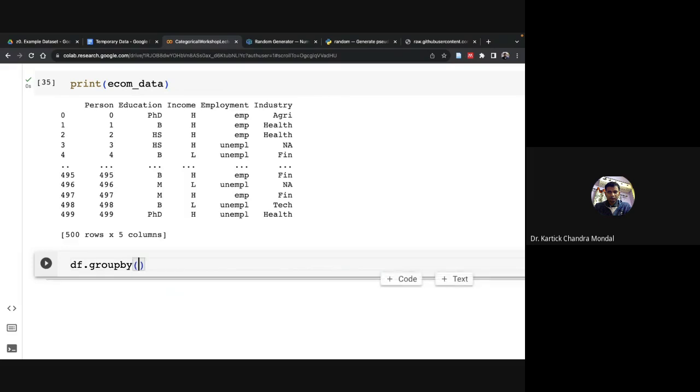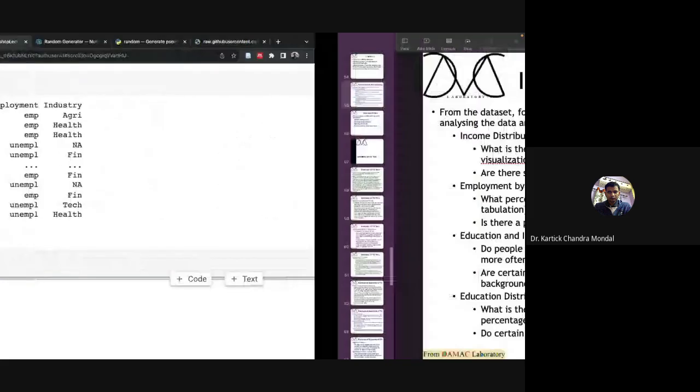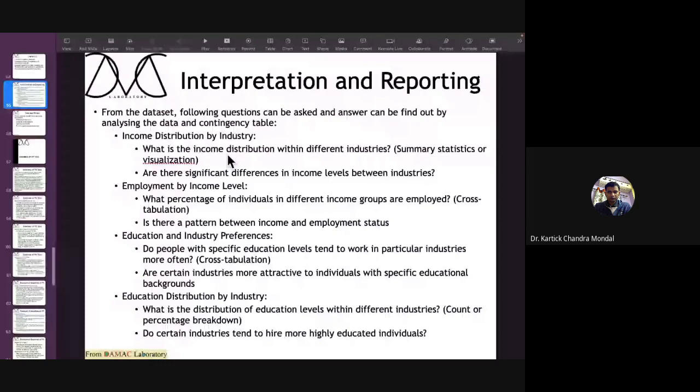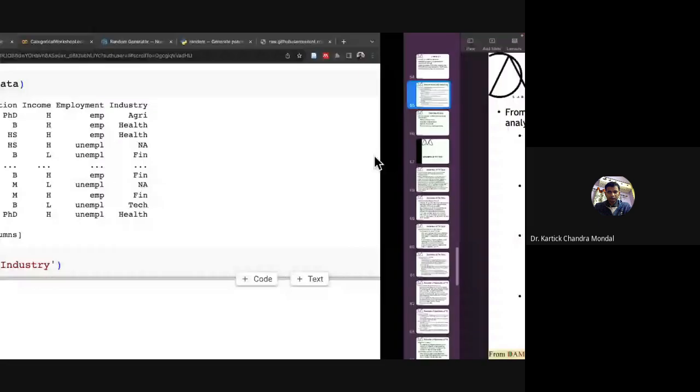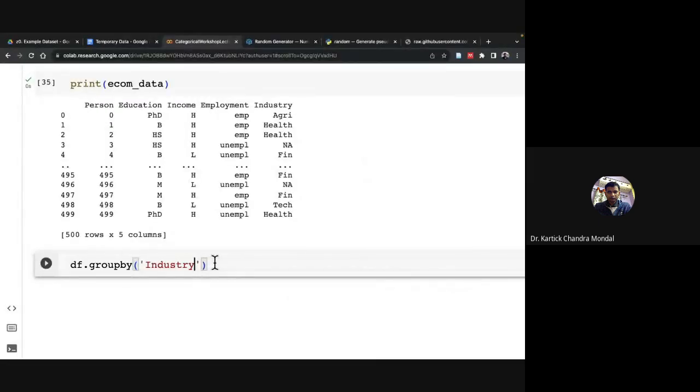What you have to use is the industry, because your question is income distribution within different industry. You group them based on the industry value, then get the income of that particular industry, and then the describe method.